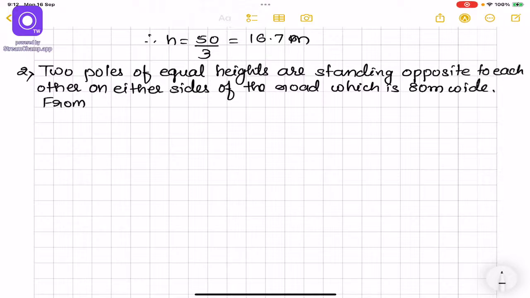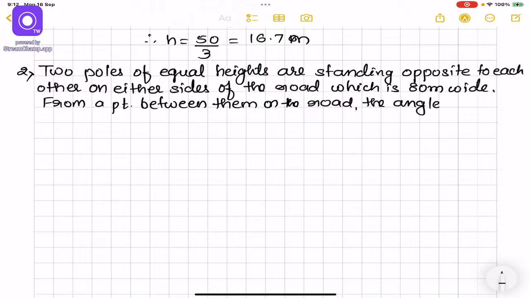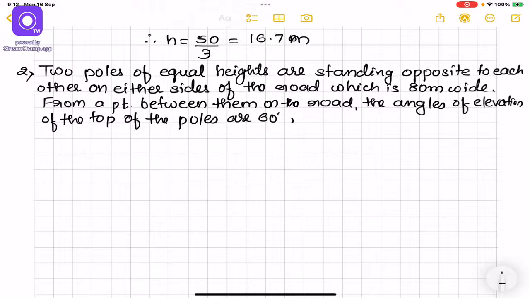From a point between them on the road, the angles of elevation of the top of the poles are 60 degree and 30 degree respectively.